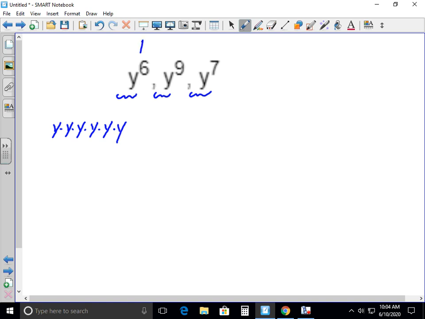So this one has 6 factors of y, this one has 9, this one has 7. If we're looking for the greatest common factor, we want to know how many y's do all of them have. Some of them have more y's, but each of these has at least how many?